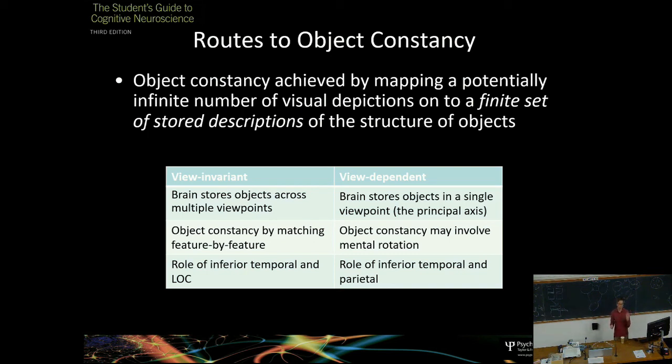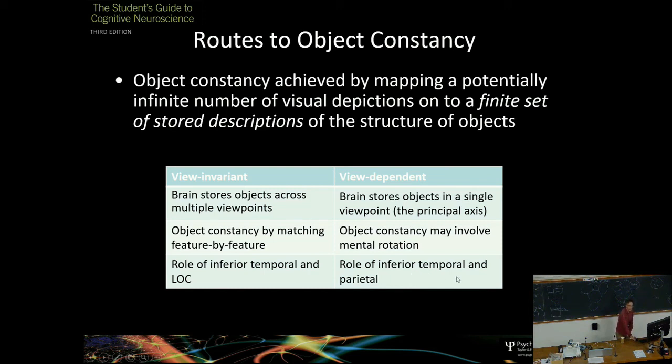One solution is that you don't store every particular instance, you just store particular aspects of it, and then you do a matching exercise with that. So that would be the view dependent approach, where you have a mental rotation of objects. Assuming you can group the different parts together, you then have to match it onto the store.